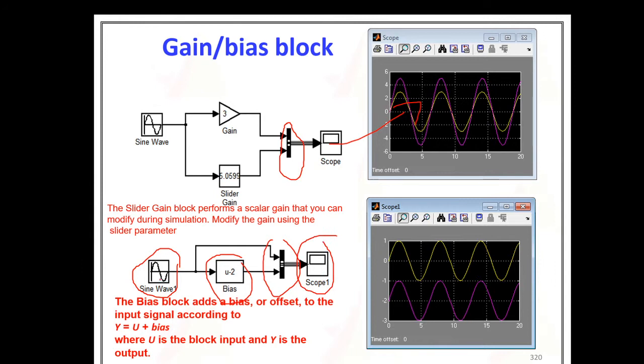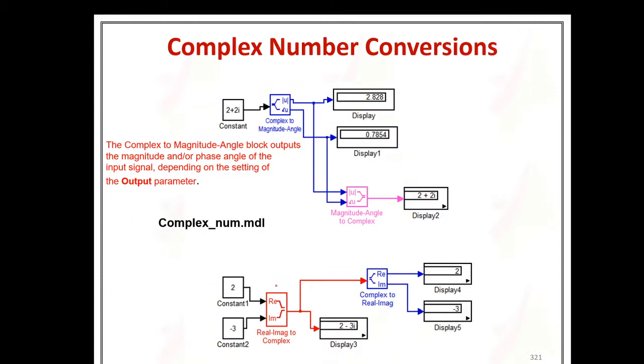If I give the sine wave directly to the scope, you get the sine wave like this. Then I am adding a bias of 2. Okay, y equals this output; u is this one, bias is this one. These two things are added and give the output. This is the significance of the bias.